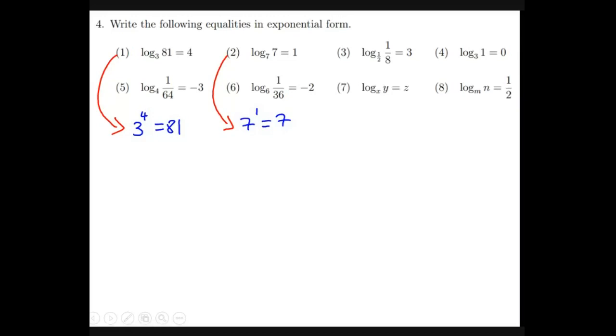Ruby, the third one. Is Ruby not there? Nadia, third one. I got a half to the power of 3 equals 1/8.